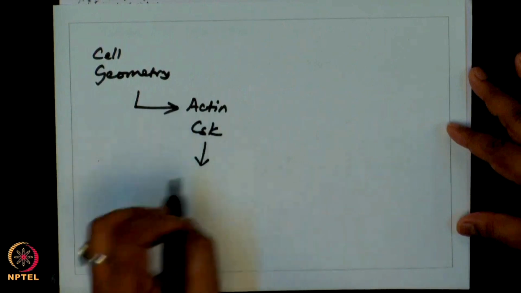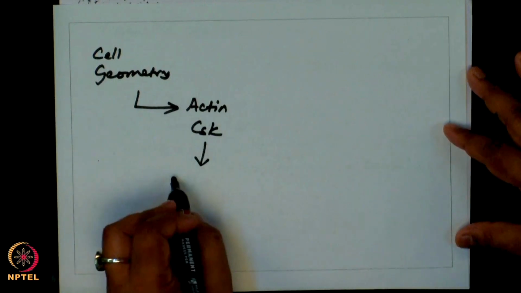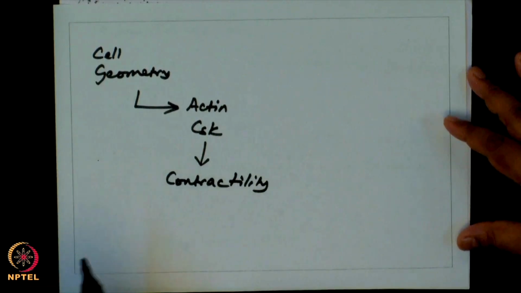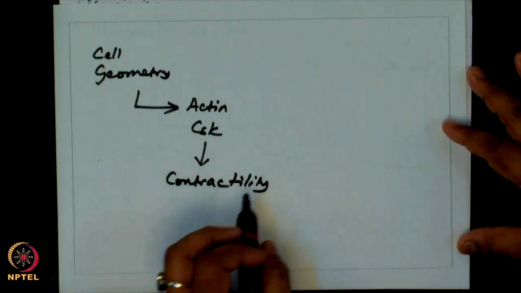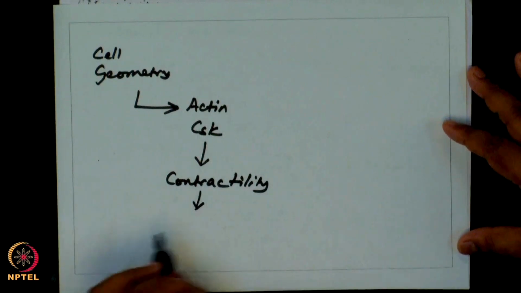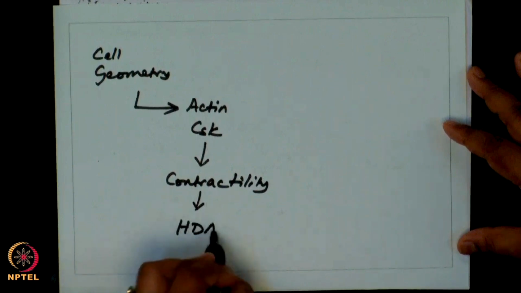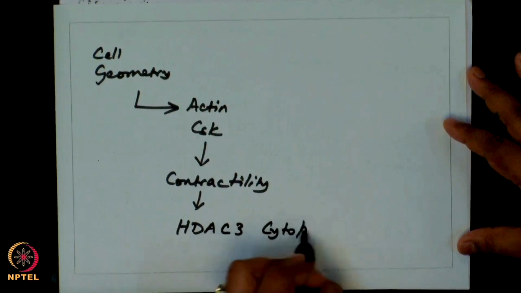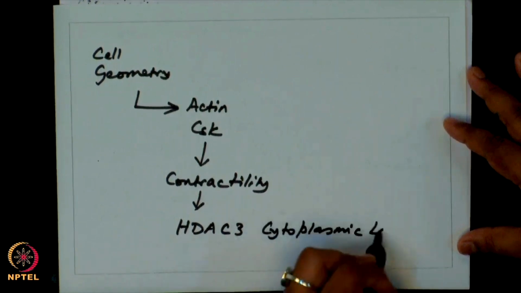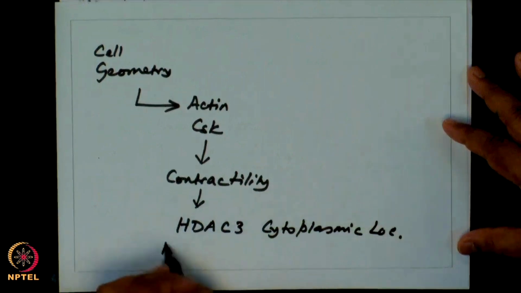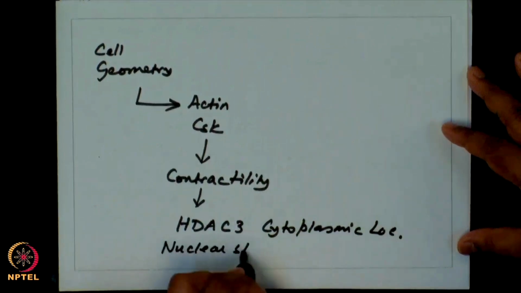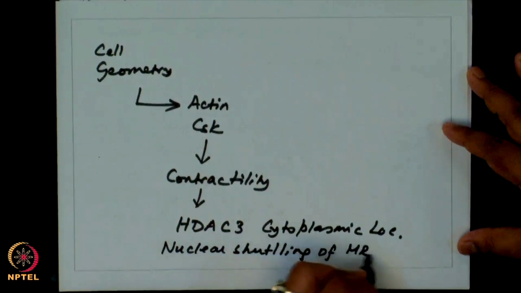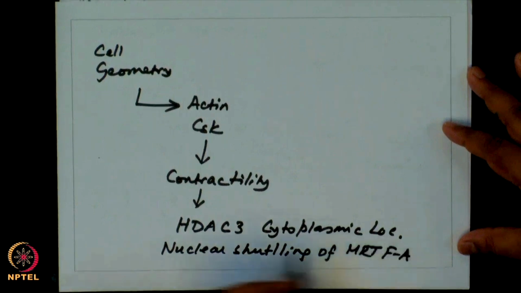When the actin cytoskeleton is perturbed, it changes contractility, and this contractility will eventually act upon HDAC3 cytoplasmic localization and nuclear shuttling of MRTFA.